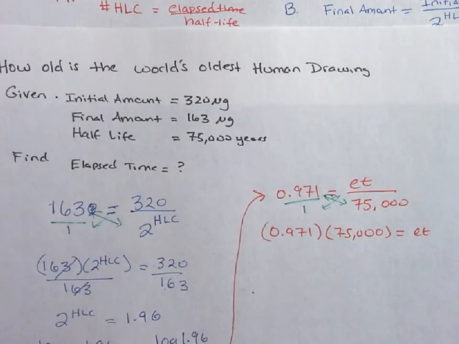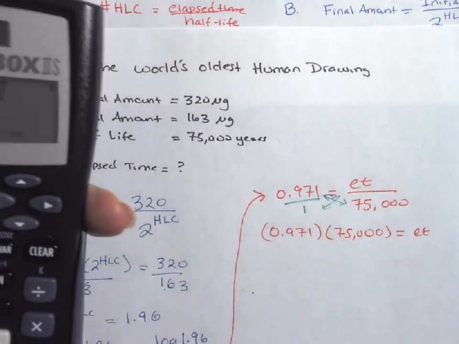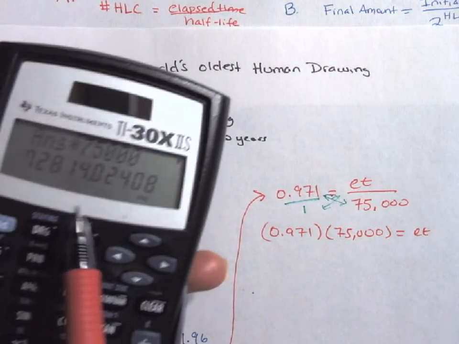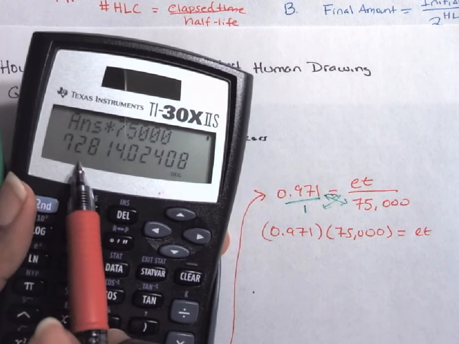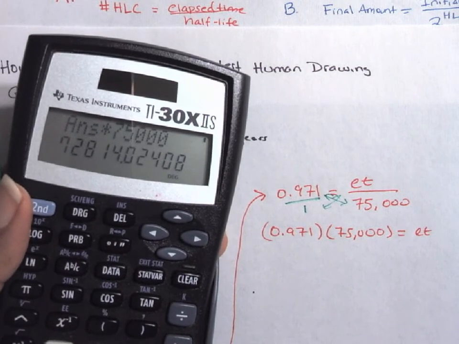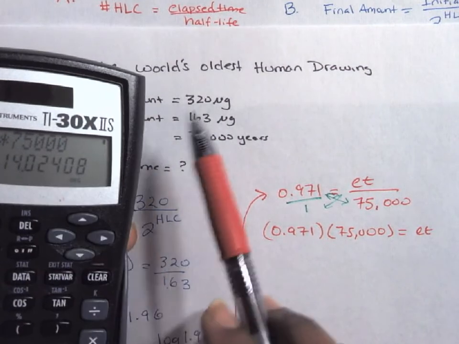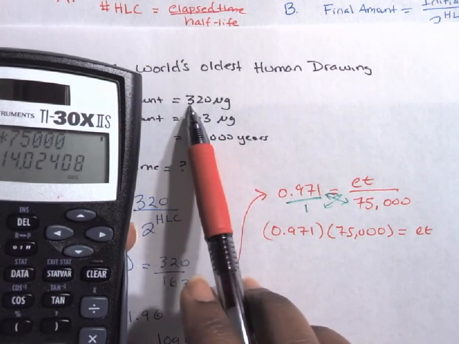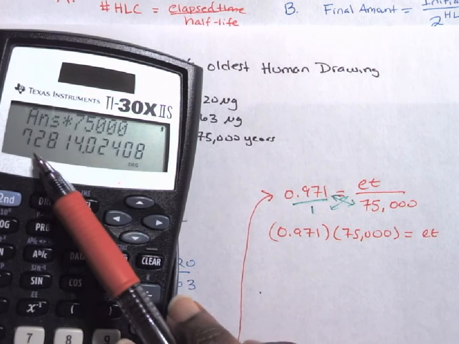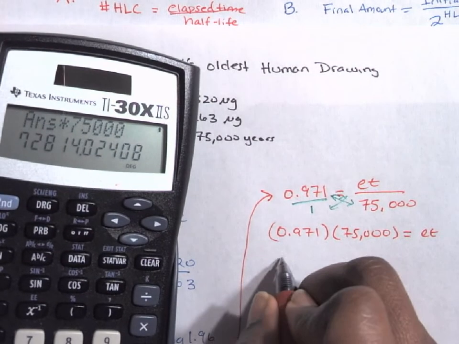And I go ahead and I plug that into my calculator. And that gives me this value here, which is 72,814. Now, if we're using sig figs here, since we only have 2 sig figs in this value, I would just round that to 73,000.